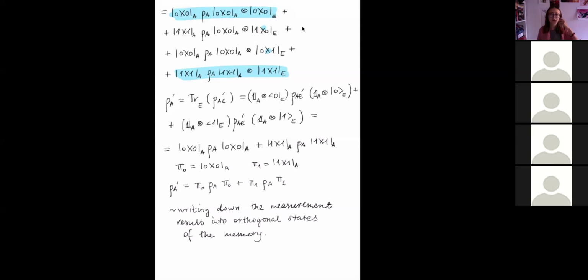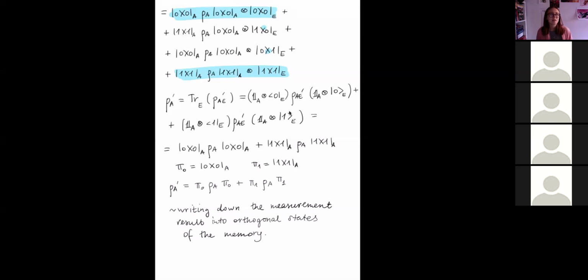So the idea is that you can also imagine another, more general type of measurement where you also use some other qubit as a memory. But then you write down your results not into the orthogonal states of the memory, but into states of the memory which have some overlap.